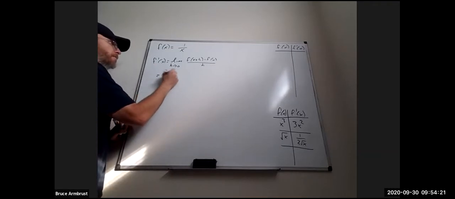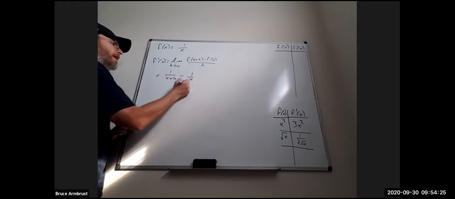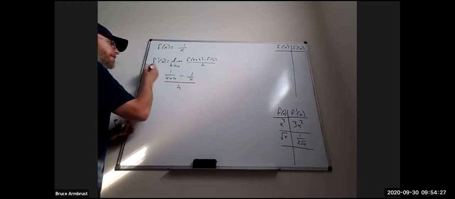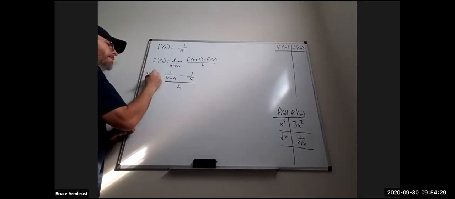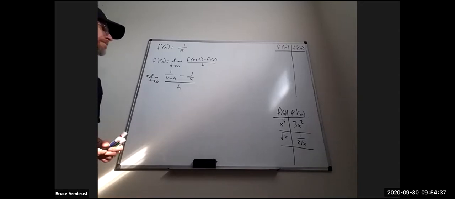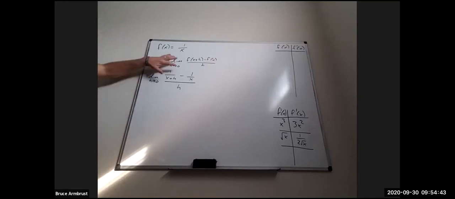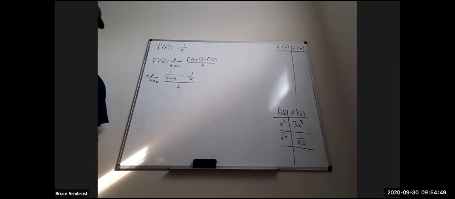So this becomes 1 over x plus h minus 1 over x divided by h. So like I just said, it's exactly the same form, just putting it into a different function.